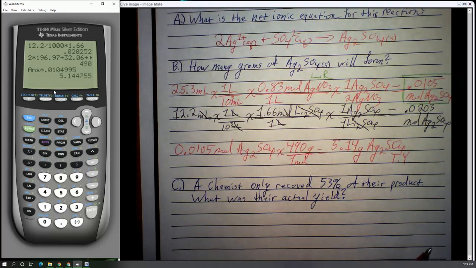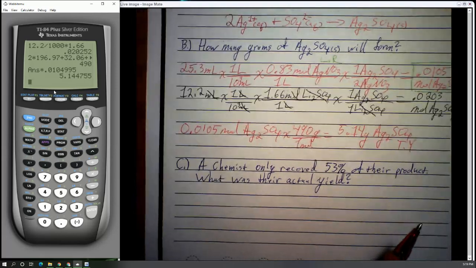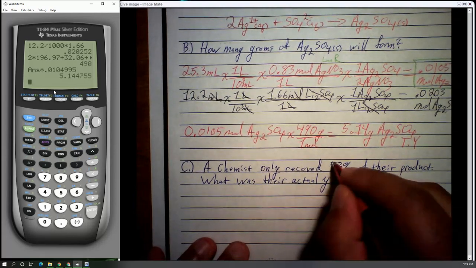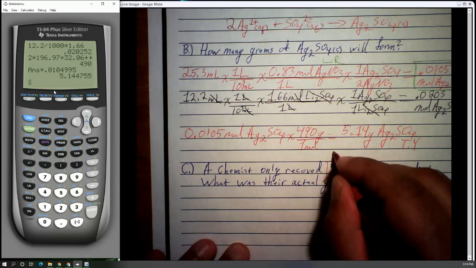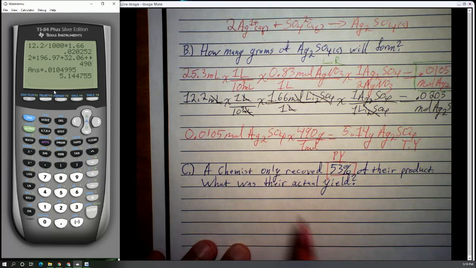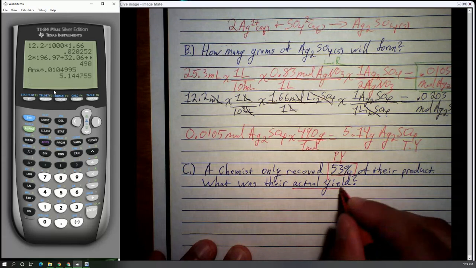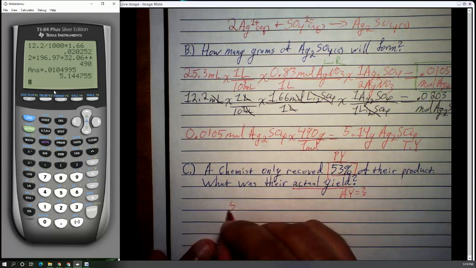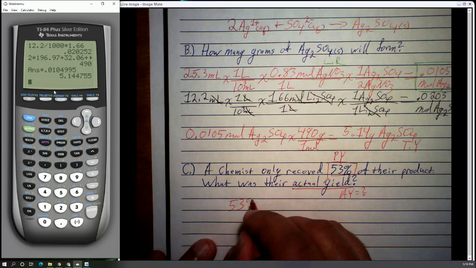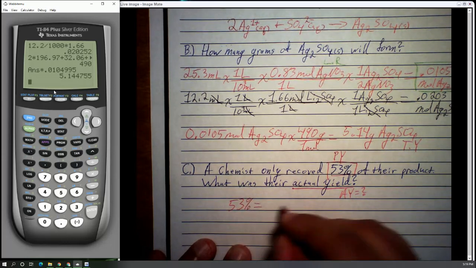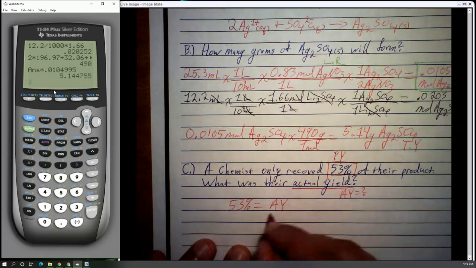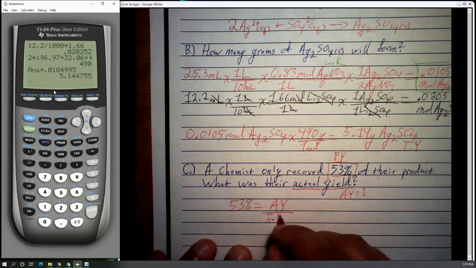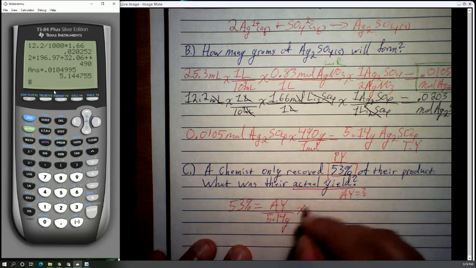All right, now we've got a percent yield part here. So it says a chemist only recovers 53% of their product. We want to know what their actual yield was. Well, we've already seen a problem like that in this set, so we can just substitute that in for what we're looking for.